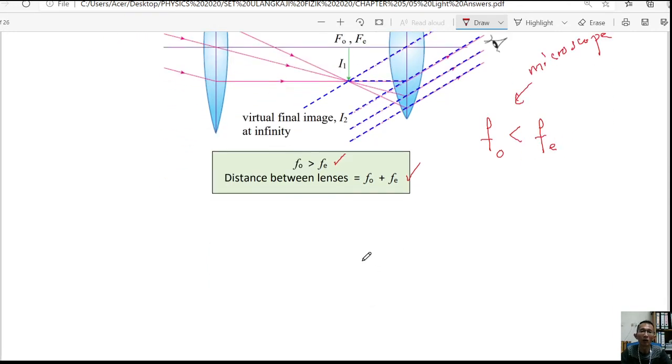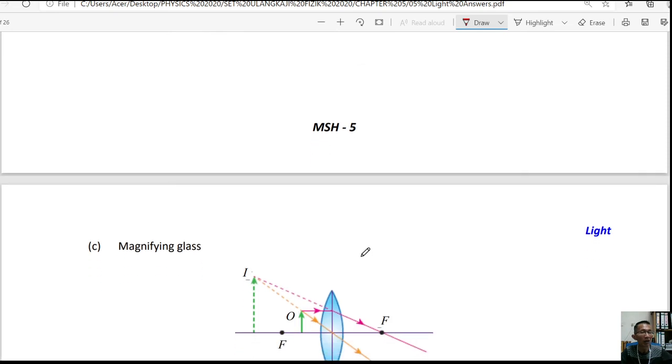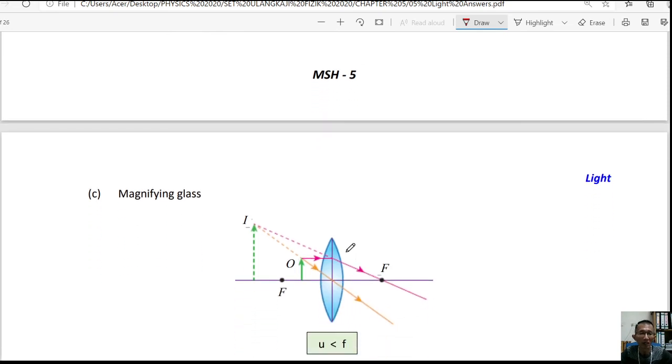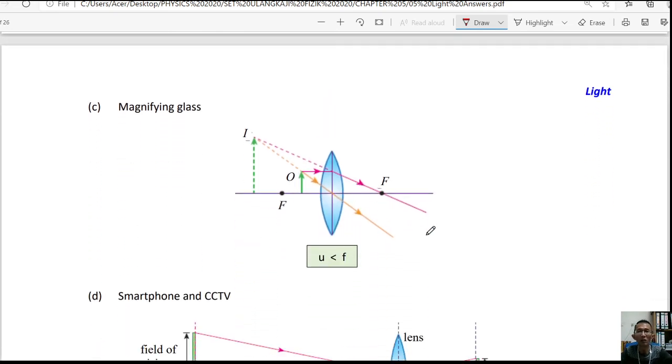All right, and then we have another one, the magnifying glass. It's very simple. We just use a convex lens and then we put the object here. So notice that my object distance must be less than my focal length. From here to here is my focal length.